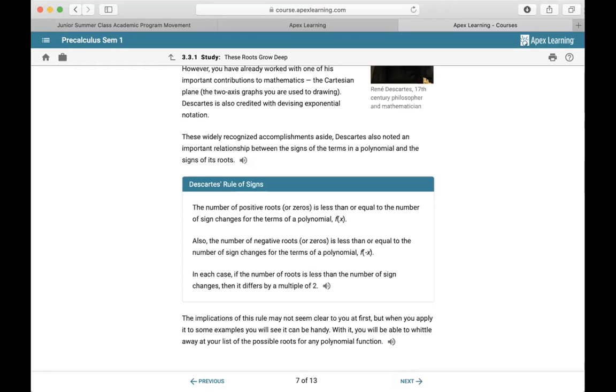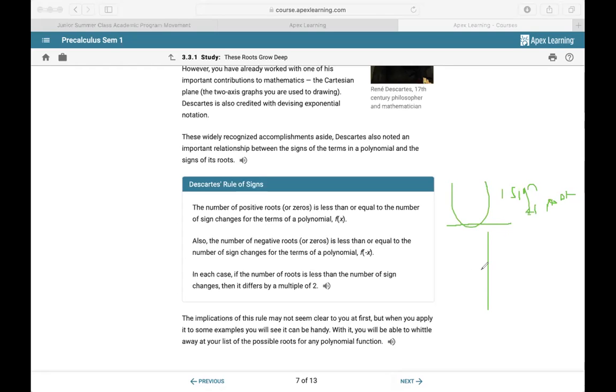So for example, if I have my quadratic here, I have potentially one sign change if I am directly on my axes. So I can only have one or less. So I can have less than or equal to one potential root. All right.